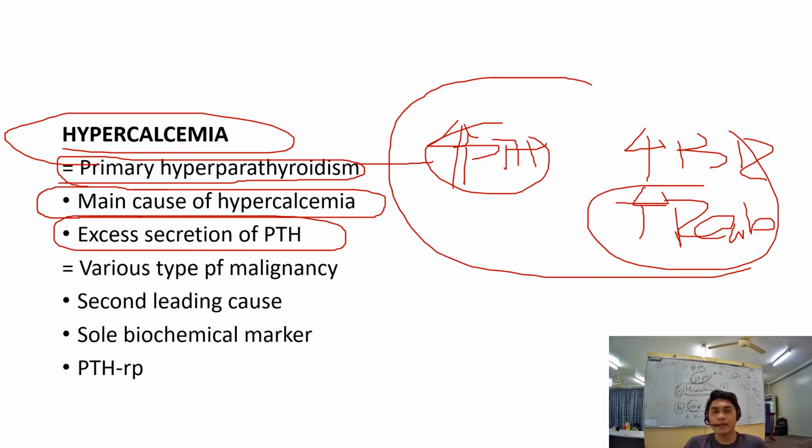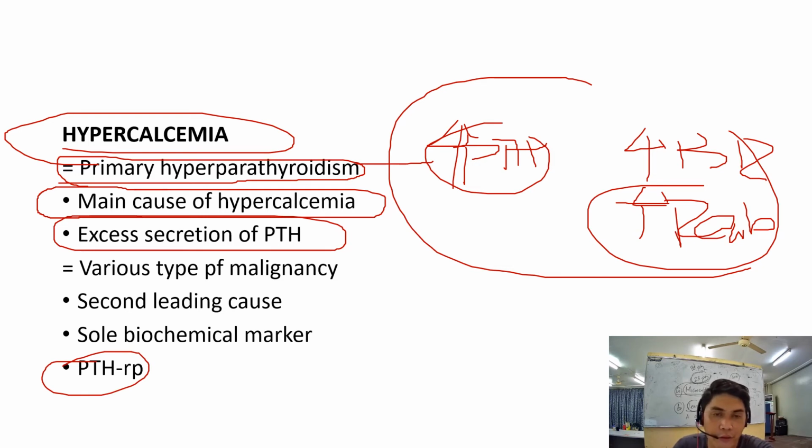Next, various types of malignancy. That's the second leading cause of hypercalcemia. It's because an increase in calcium is the sole biochemical marker, or the hallmark, of malignancy. So if the patient has cancer, it is expected that the calcium concentration of that particular patient is elevated. Now, why is it elevated? It's because of the release of PTHrP. So what is PTHrP?